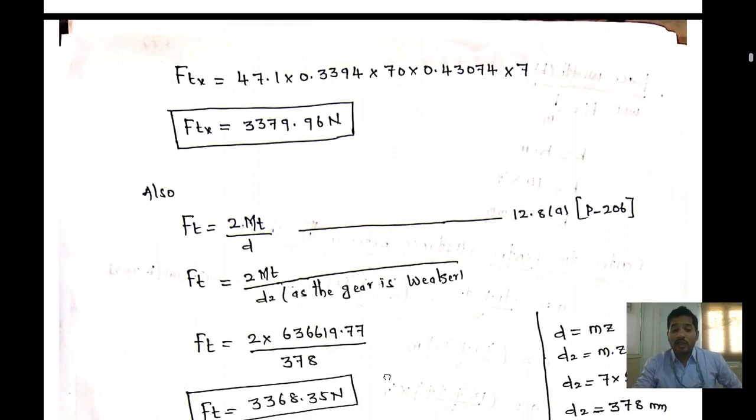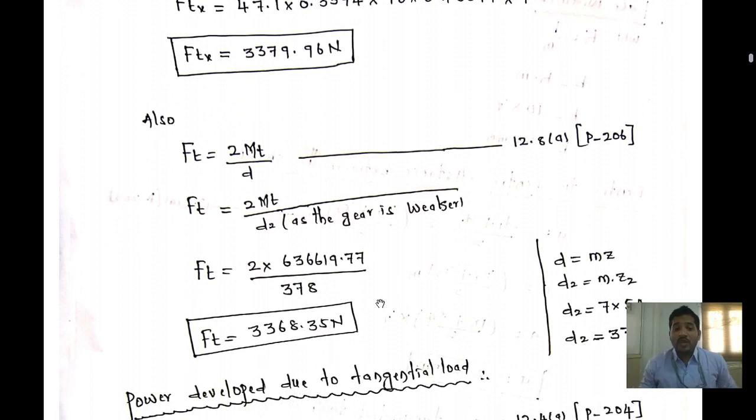After finding Ftx, we need to find out the value of the tangential force acting. So we have to refer to equation 12.8a, page number 206, 2 Mt by d2.